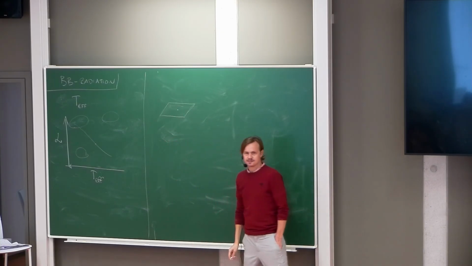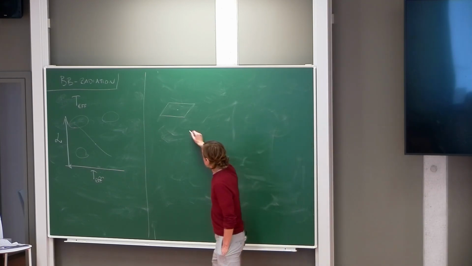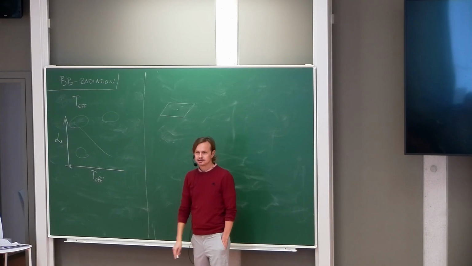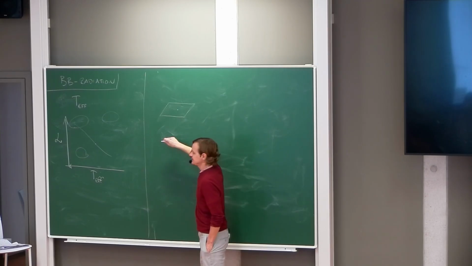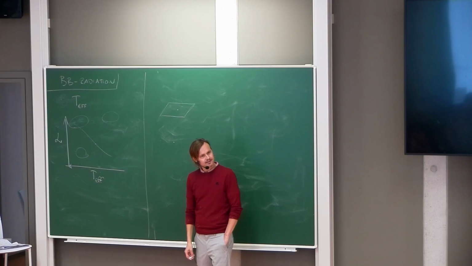As a surface, okay? Now, of course, deep inside that body, you might have radiation coming from almost all directions, such that if the radiation behaved like a black body, then the flux would be 0, right?